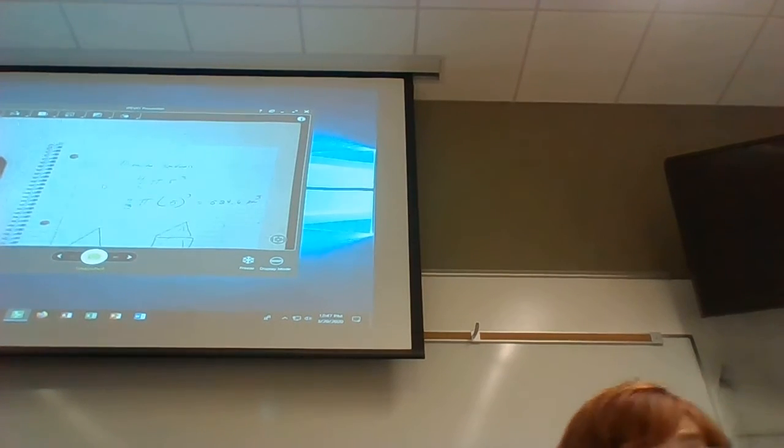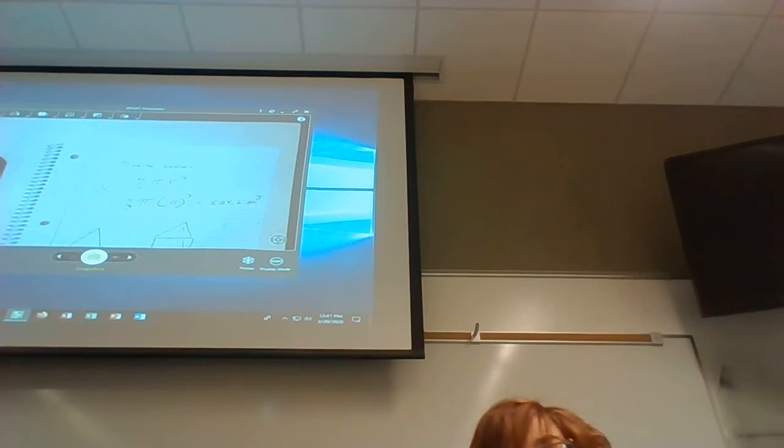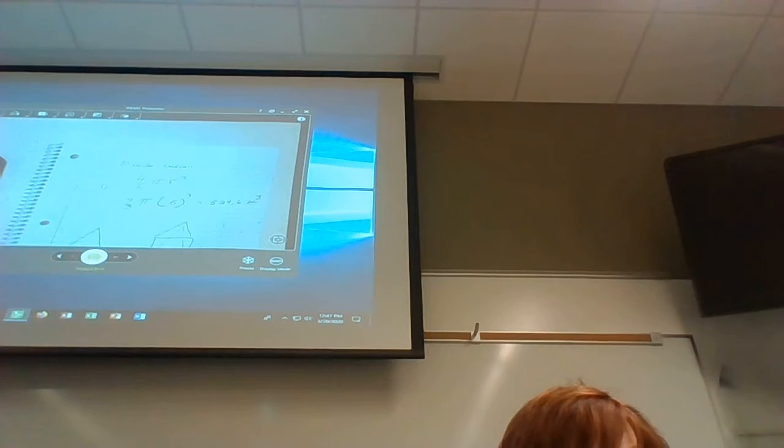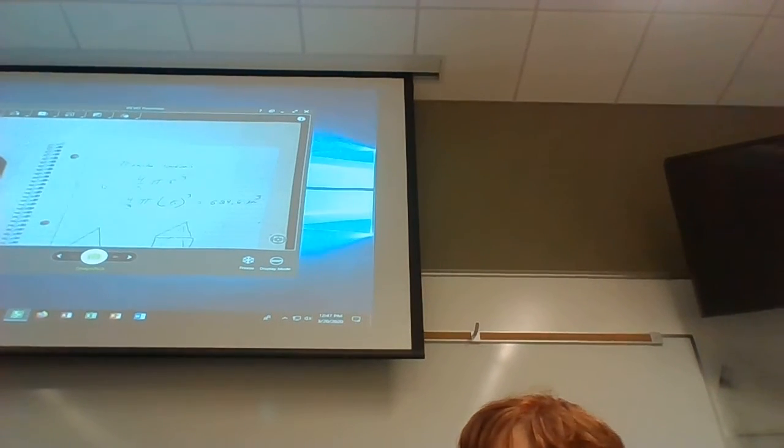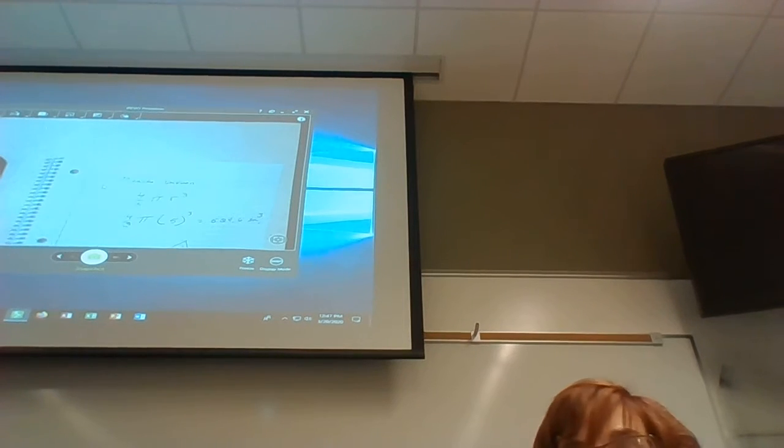So if your base is a circle, it'd be pi r squared times the height, and then it would be 1/3 of that. If your base is a square, it would be the side squared times the height, and it would be 1/3 of that. So that's some of the things you'll see in that section.